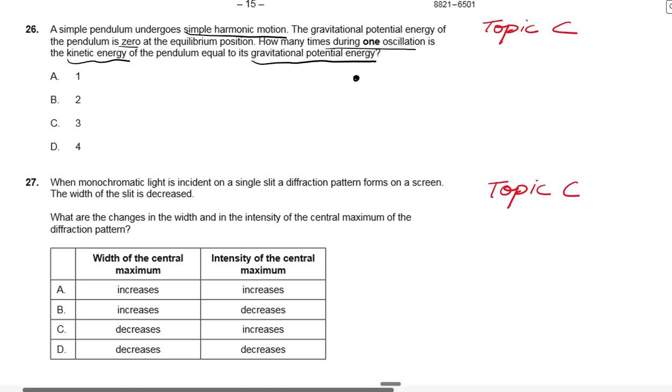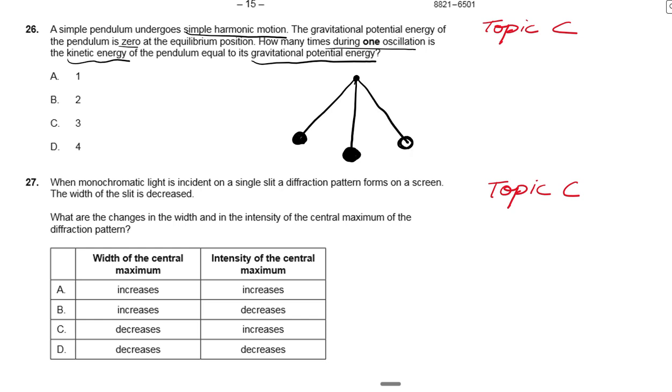So what we have is our simple pendulum. It is moving from up here to here, right? And this is the movement, and our GPE is 0 here. So we're defining this as H equal to 0.